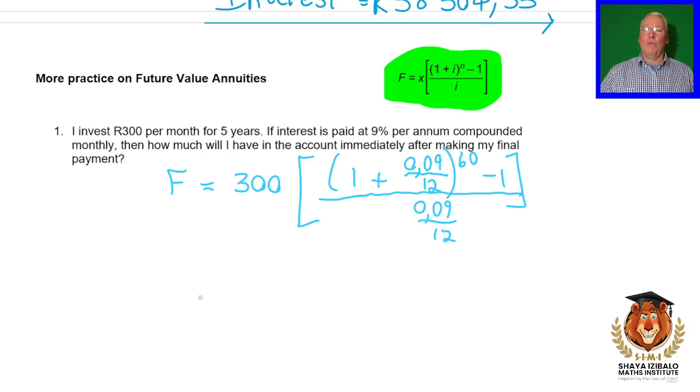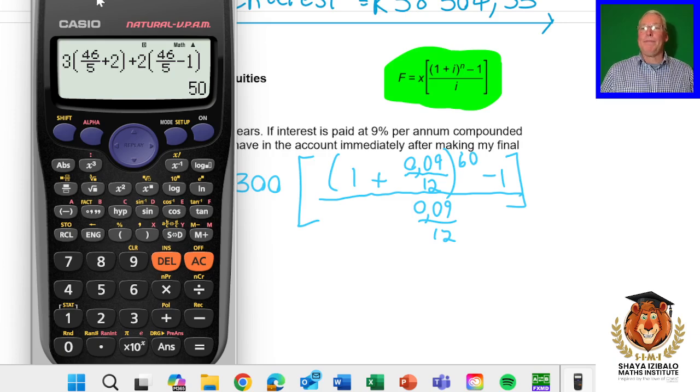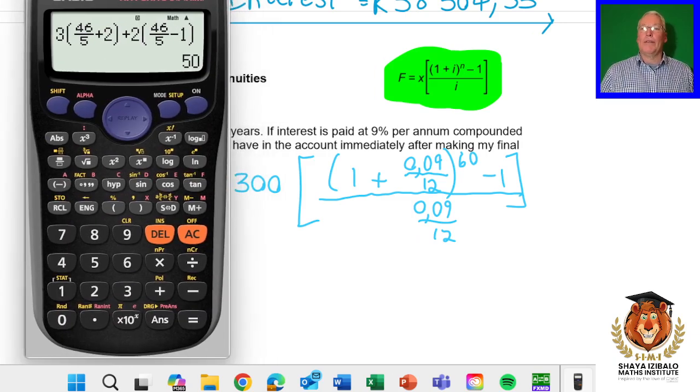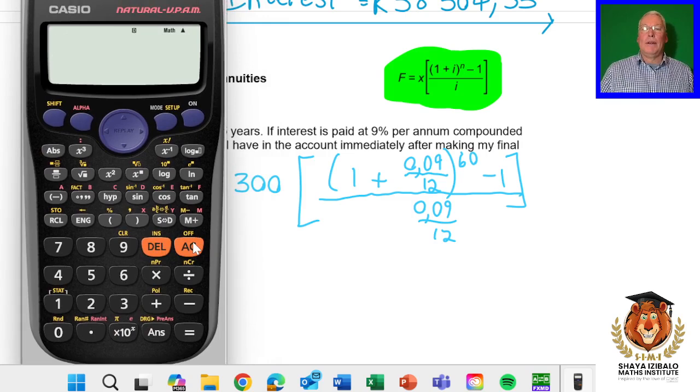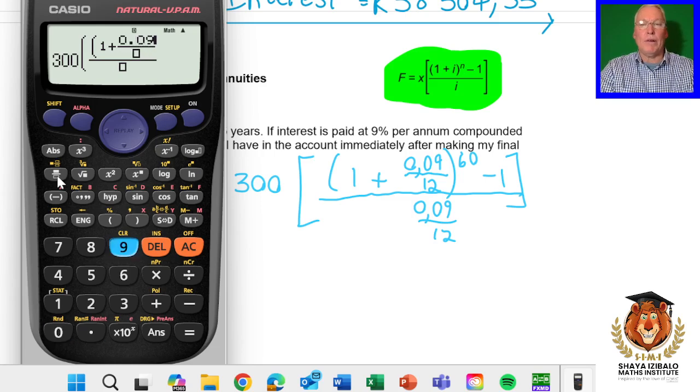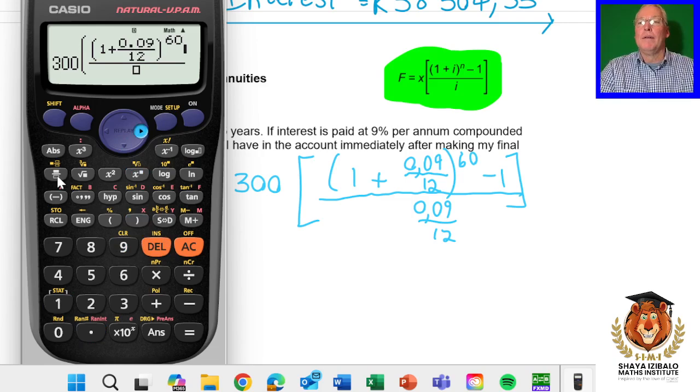Okay, let's see what that all comes to. Let's bring up our calculator and take a look. Okay, so it is 300, open brackets, fraction, open brackets, 1 plus 0.09 divided by 12, to the power of 60 minus 1, over 0.09 over 12.